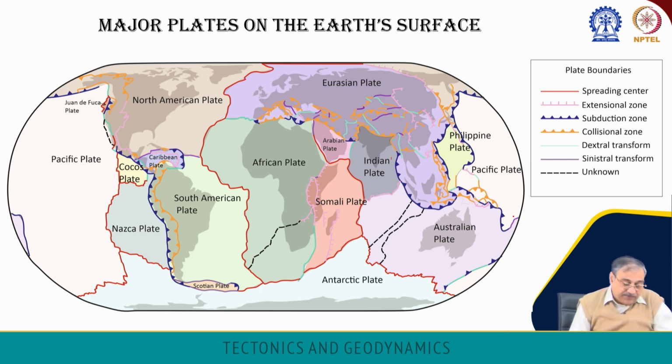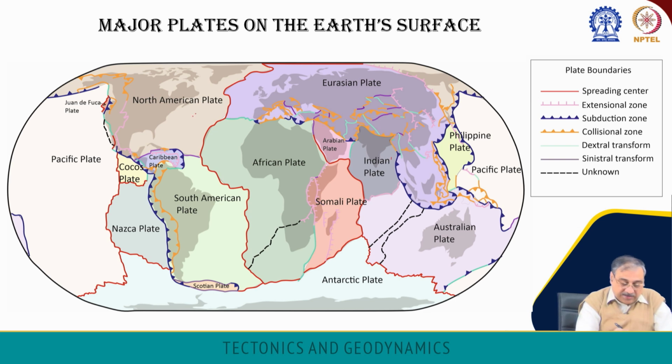That is the reason why we think the Pacific Ocean, which is majorly occupied by the Pacific plate, is decreasing in size over time, because the trenches in the Pacific Ocean tend to bring all the plates together. They tend to consume all the plates and reduce the surface area that is occupied by the Pacific Ocean.